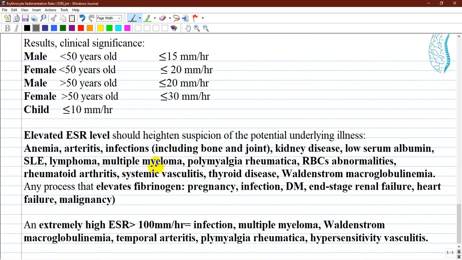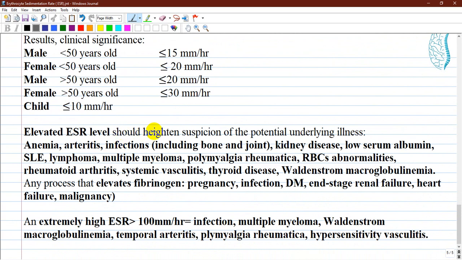How do we interpret the results and clinical significance? You see male and female differences, patients less than 50 years old and more than 50 years old, and children, which have a different normal range, like less than 10 mm per hour.